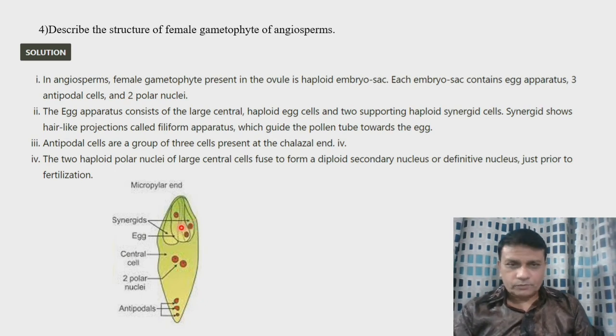Now at the chalazal end, group of 3 cells called as antipodals are present, and at the center, these two haploid polar nuclei form a cell, or they come together to form a cell. It is called as diploid cell, and it is called as secondary nucleus, or it is also called as definitive nucleus. So these 4 points must be included in the answer.